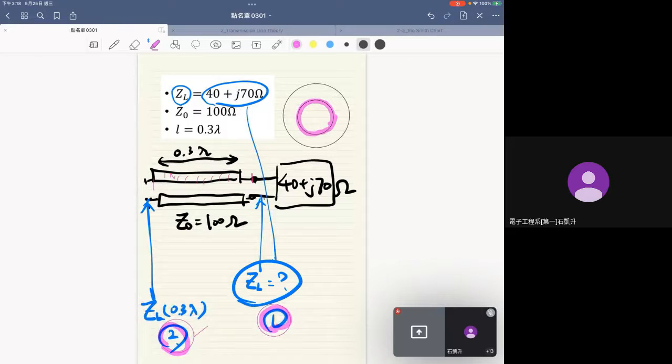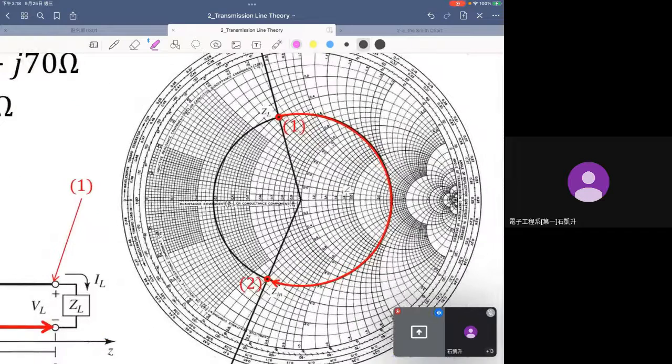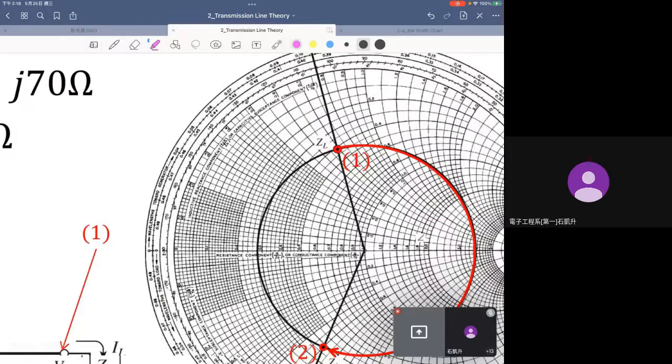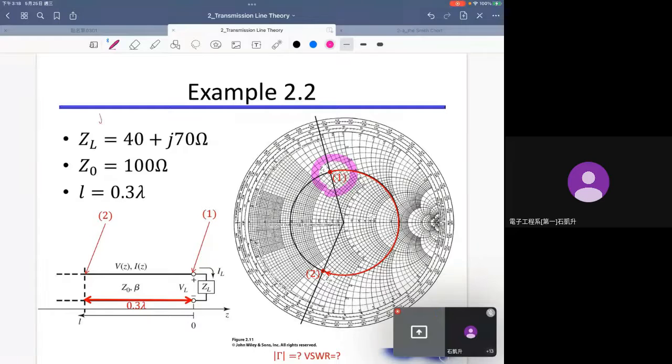Let's see the answer. So this is the answer. The correct answer, you need to show me. You need to show me where it is. Okay. The normalized RL equals 40 over 100 equals 0.4, okay?